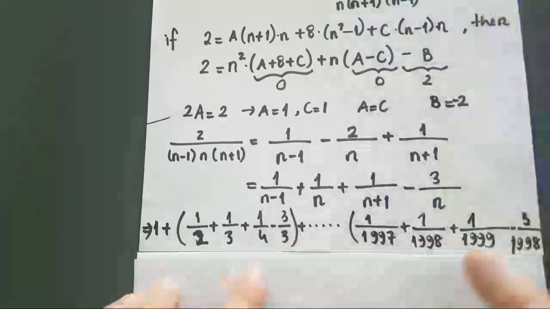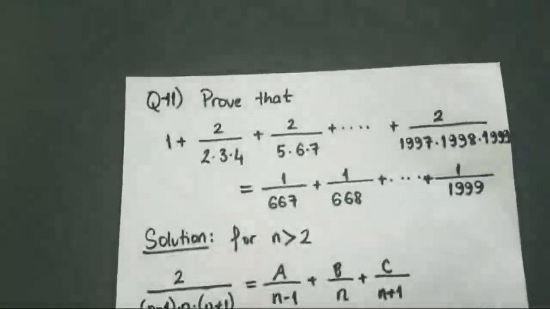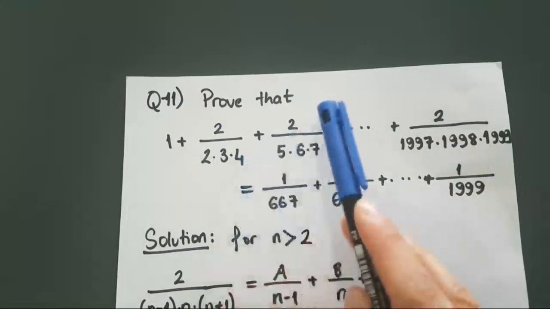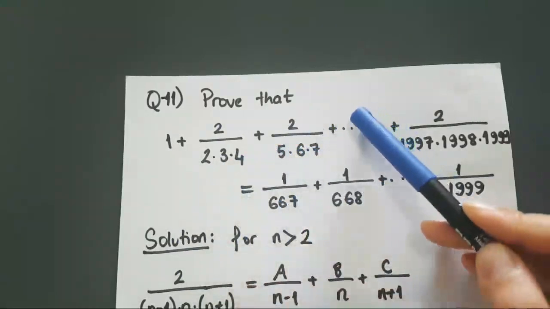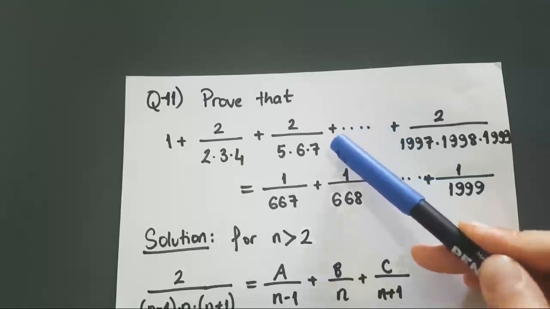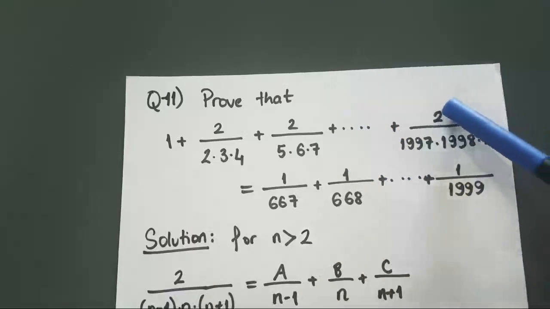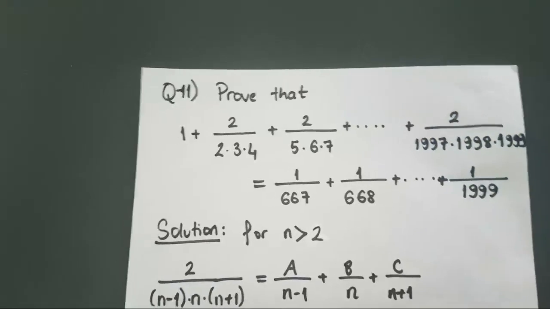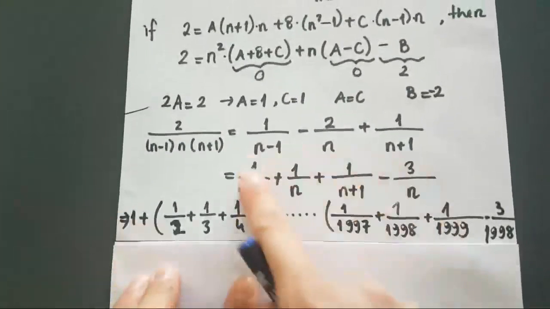So the sum given on the left side of the equation, let me remind it: 2 over 2 times 3 times 4, 2 over 5 times 6 times 7. The next will be 2 over 8 times 9 times 10. And the last one, 2 over 1997, 1998, 1999. How to write it by the help of this notation?